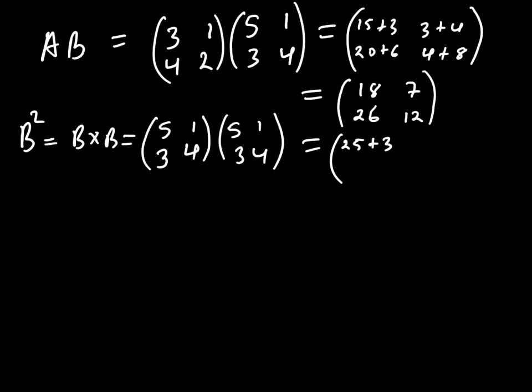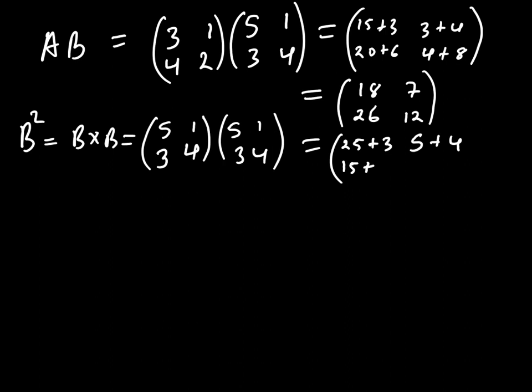Then 5 by 1 is 5 plus 1 by 4, which is 4. That is first row, second column. Then second row, first column. 3 by 5 is 15. Okay, I wrote it wrongly. So 3 by 5, I get the answer as 15.